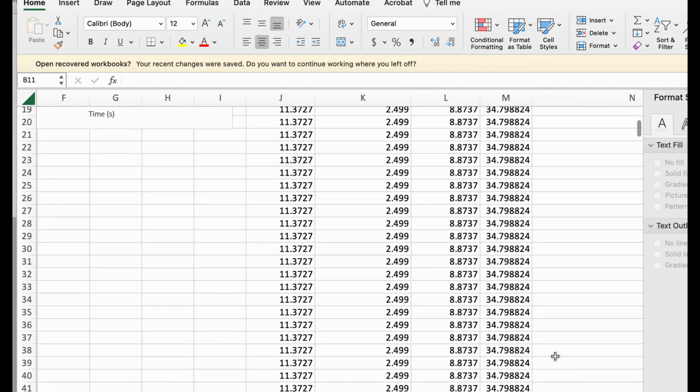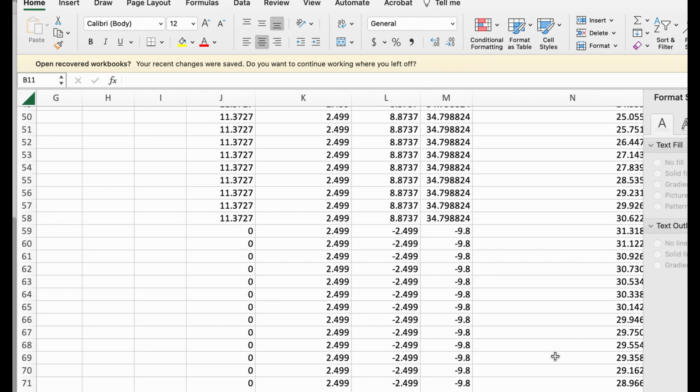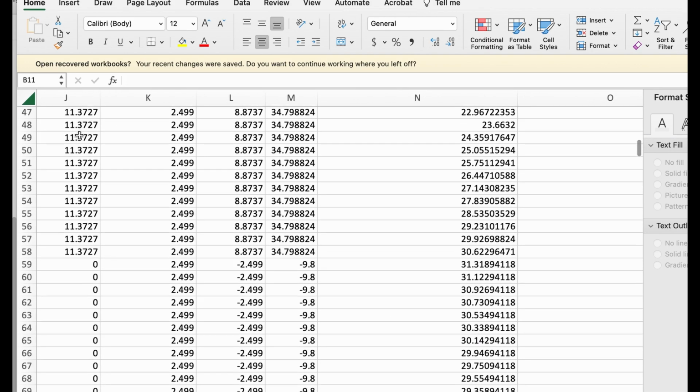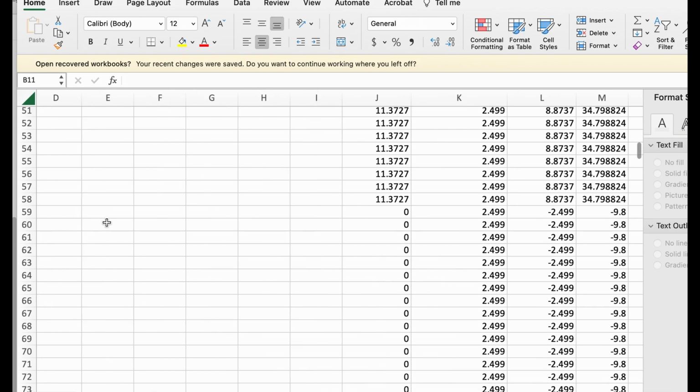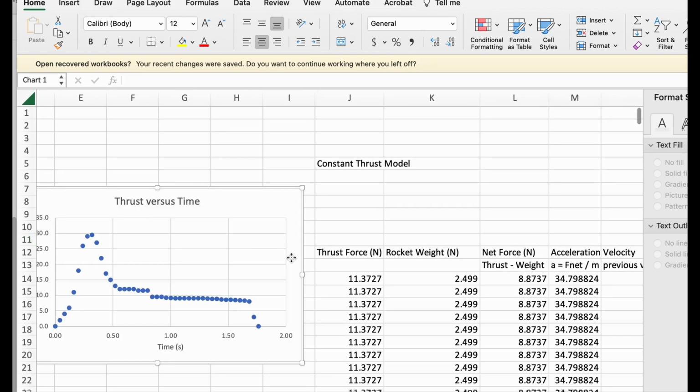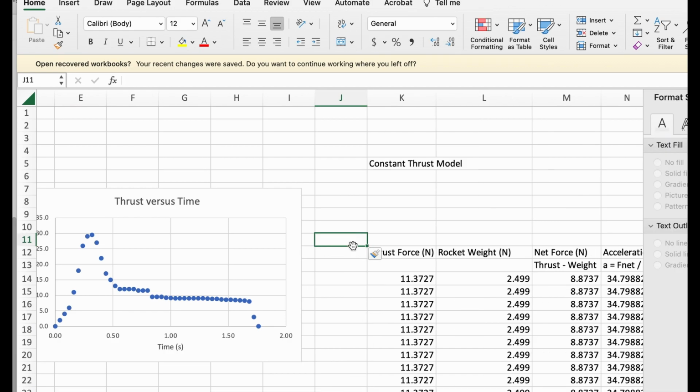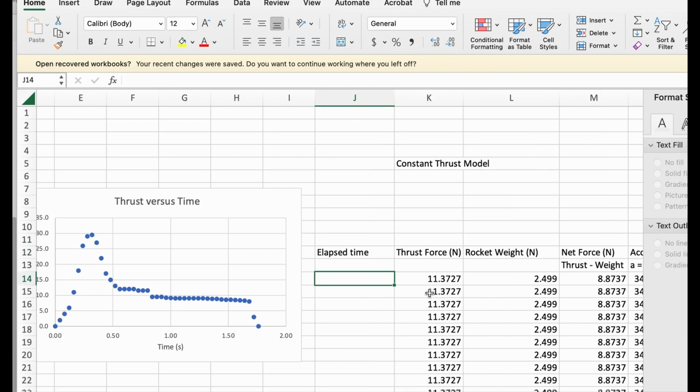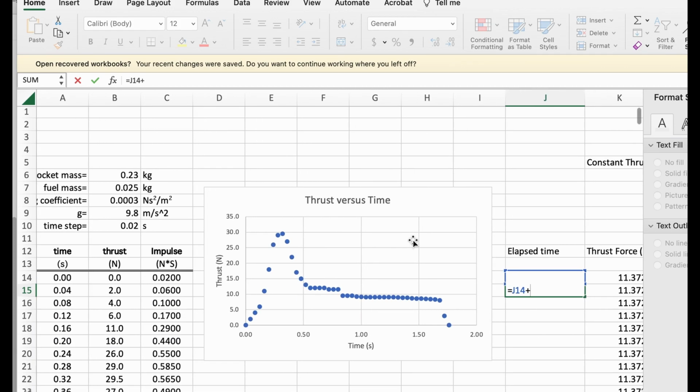A problem there is that we have to go longer, because if I make a column here for elapsed time, I would just do like 0 there. Let's do the previous time, like J14 plus $10.